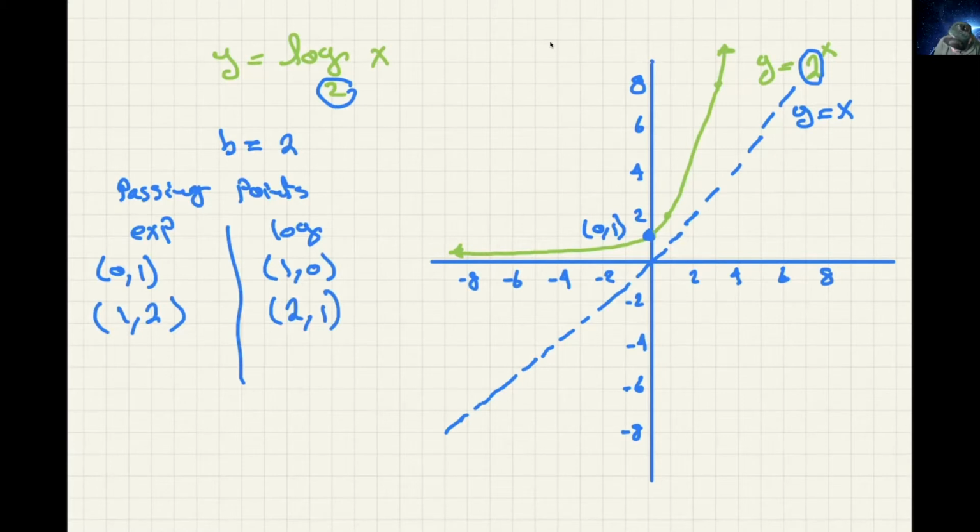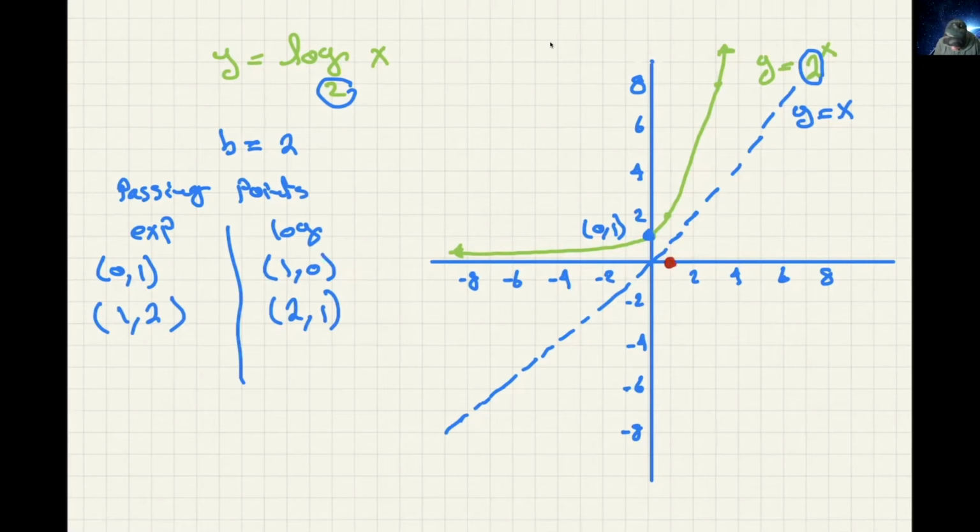Okay, so let's plot these 2 points. First I have 1 and 0, so I go to 1 and 0. Here's 1, here's 1. I graph this one. Let's make it in red so it will be different.